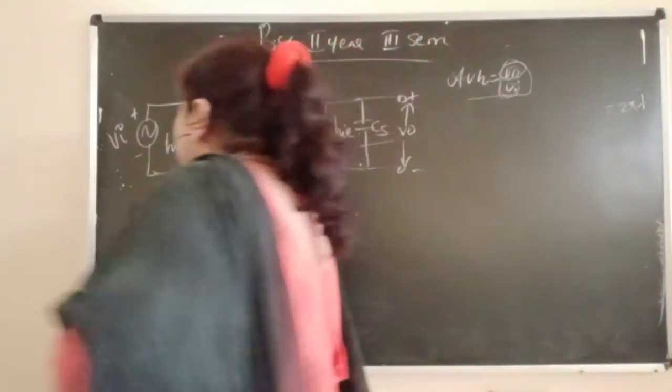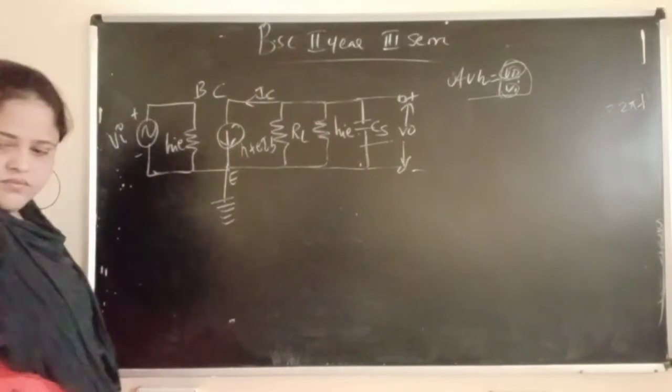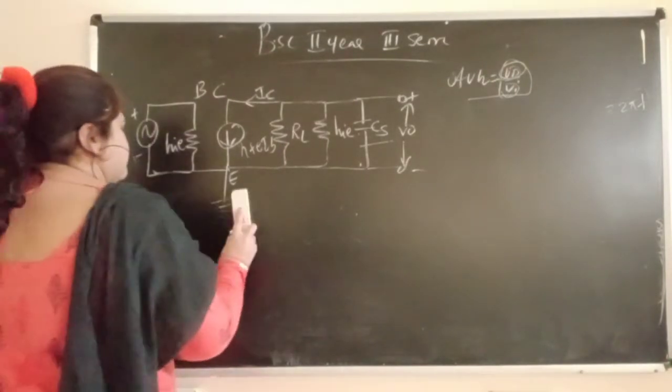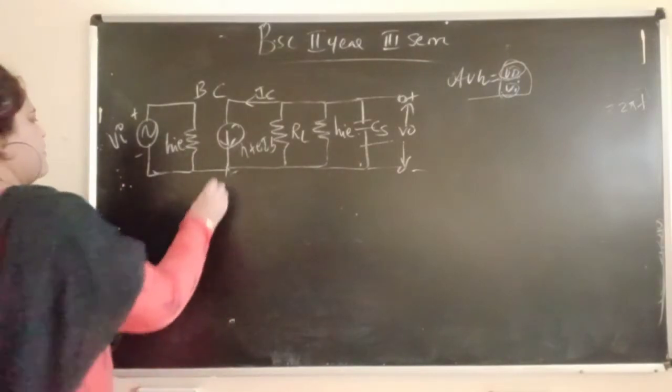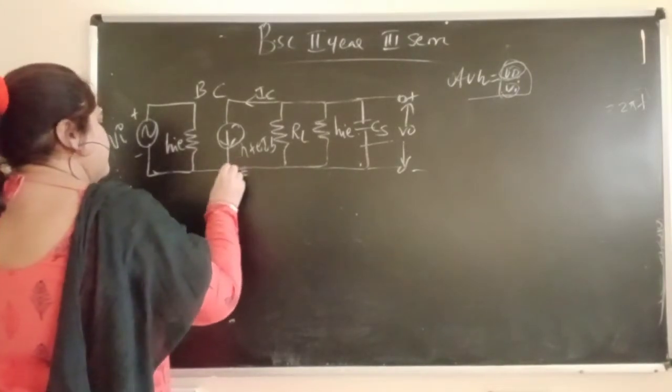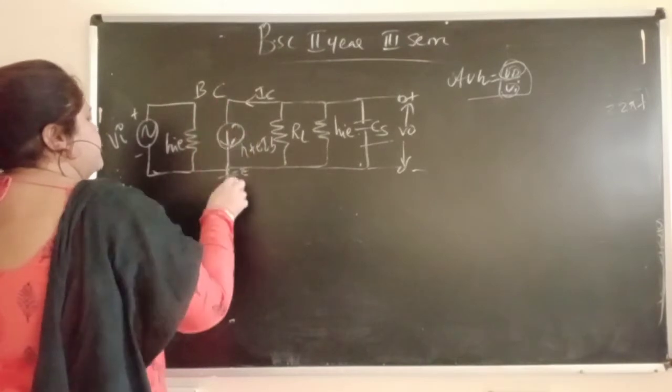See here, this is emitter, base, emitter, collector.